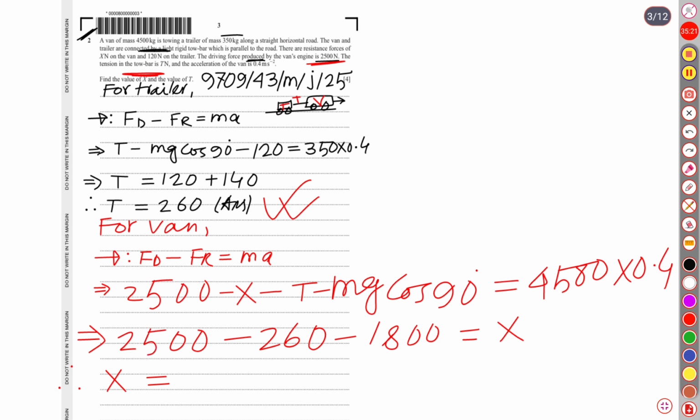So from 2500, if we subtract 2060, then it is going to be 440 Newton. 440 Newton is the frictional force on the van. Look at this, this is 2500. So that is the answer to the whole of this question. So that's all about this topic, and let's see our next topic.